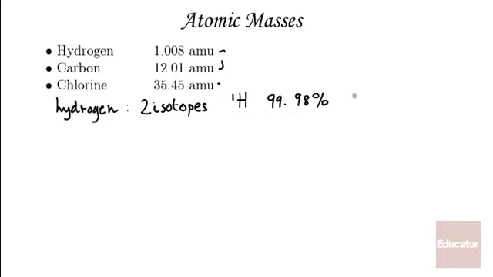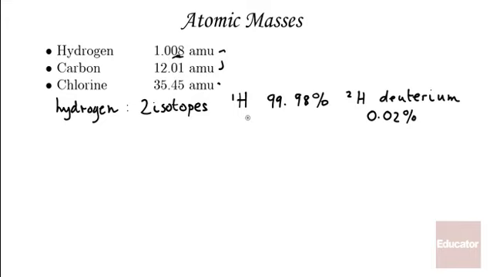The other isotope, 2H, which has a special name, as we commented, deuterium, makes up the rest of ordinary hydrogen, 0.02%. And it's that 0.02% that gives hydrogen the atomic mass that is slightly different from 1.00.